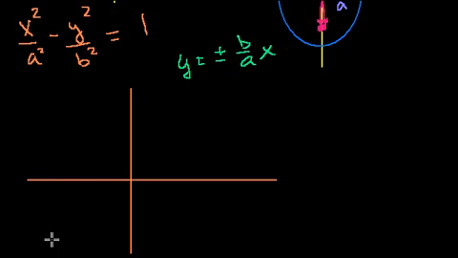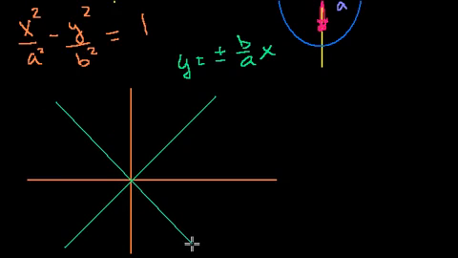I'll just draw them as tilted lines, something like that. Those would be the asymptotes. This one's centered at the origin because it hasn't been shifted. And those are the two lines right there.